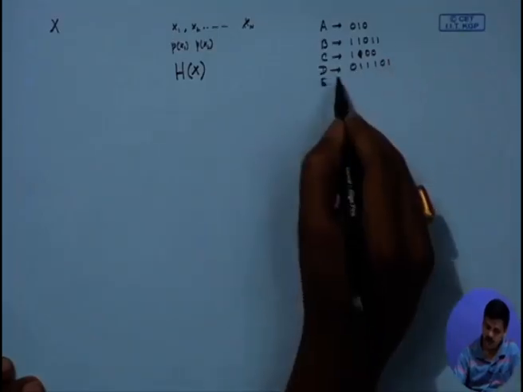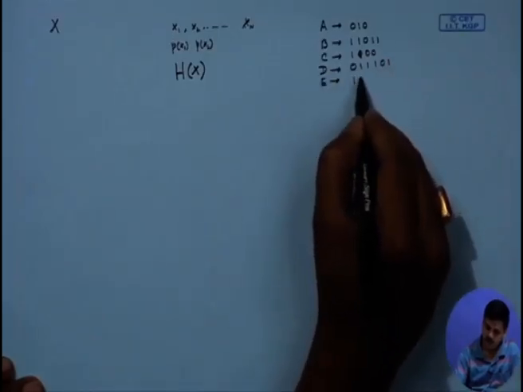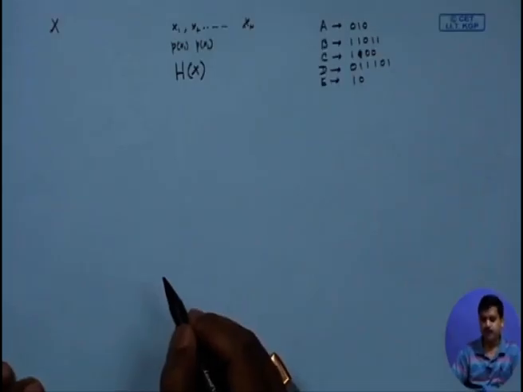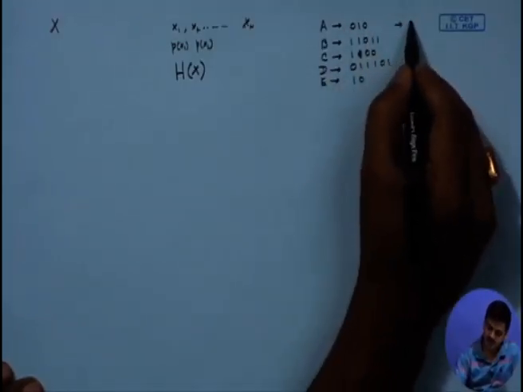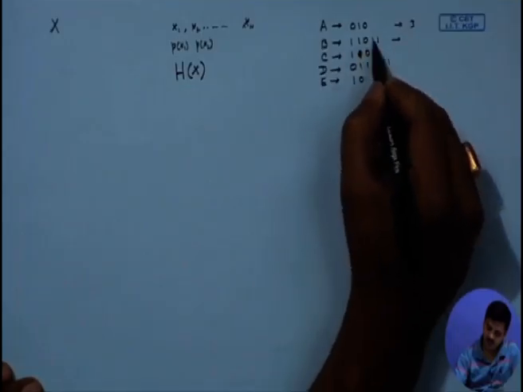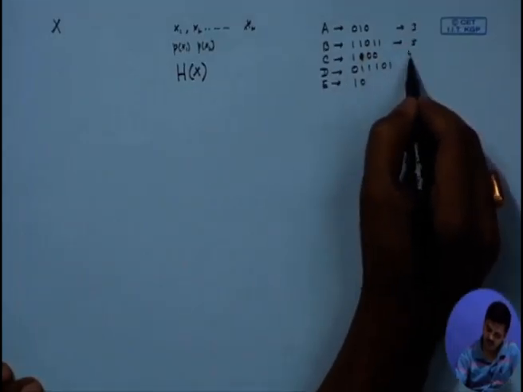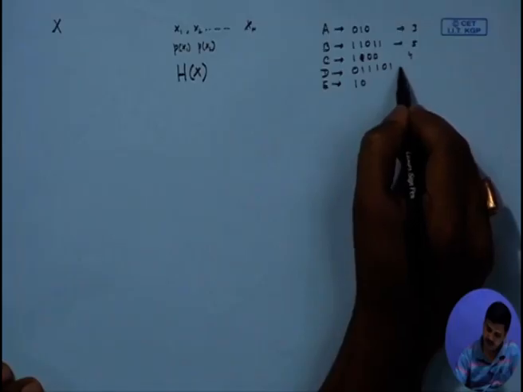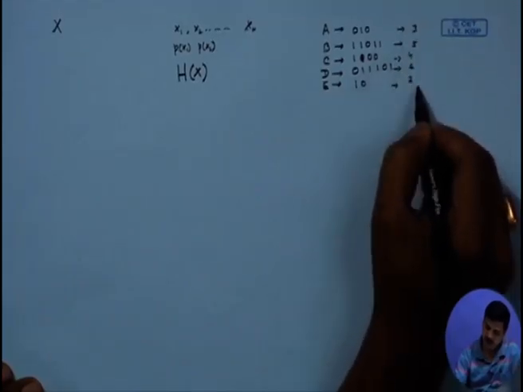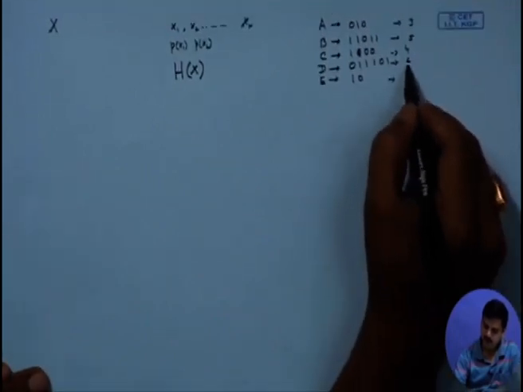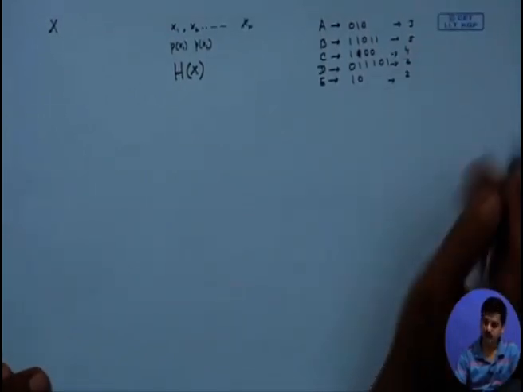I could assign to E, for instance, 1 0, and so on. So, this is the bit sequence. This has a length of 3, this has a length of 5, this a length of 4, this a length of 6, and this a length of 2. The average of these, if I add them up and divide by 5, gives the average bit length.